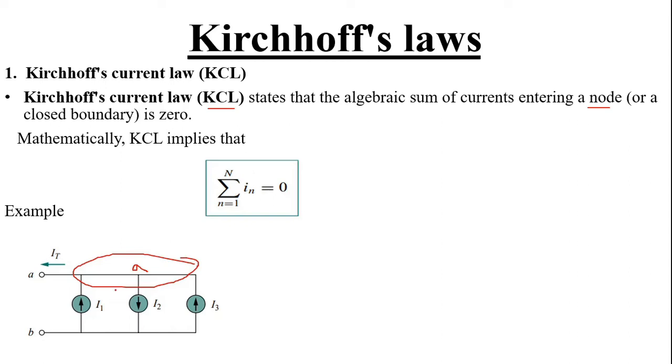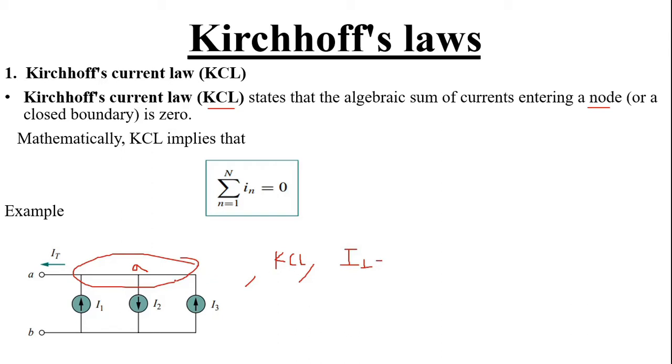If we take this as an example and assign this node as A, then for node A, applying KCL, since I1 is entering node A, it can be signed as positive I1.